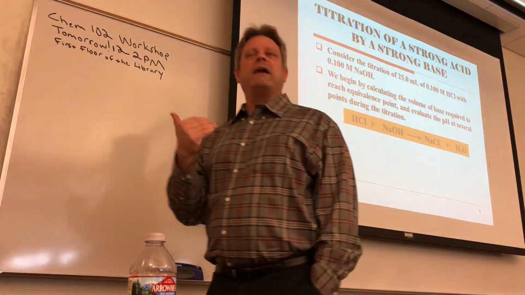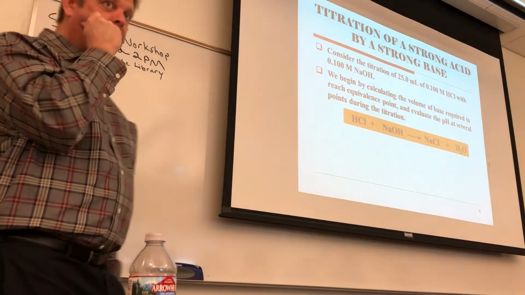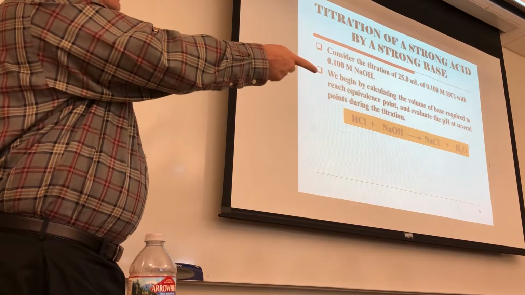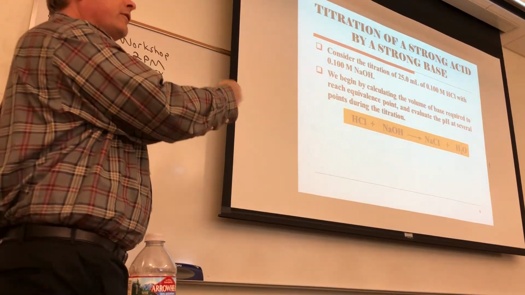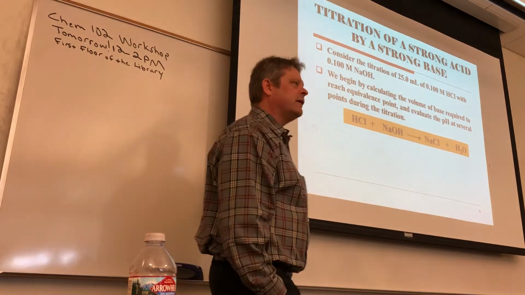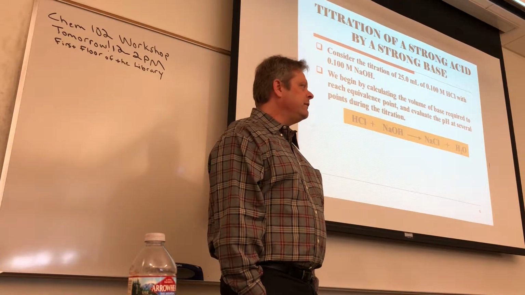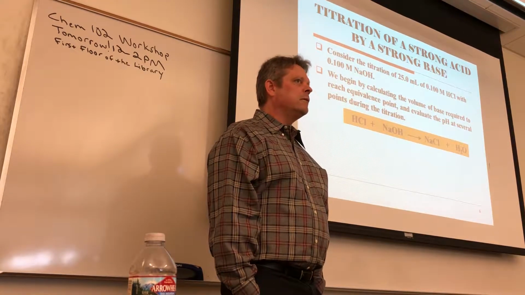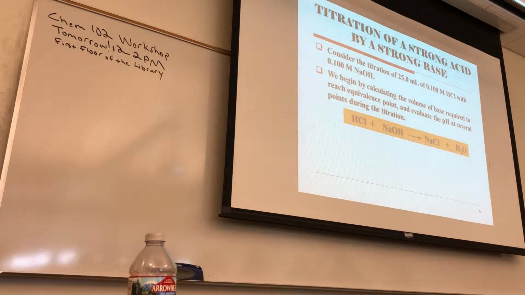When I find the pH for a strong acid, what do I do? Stoichiometry. Right, which is what we just did in the buffer thing when we added the hydroxide. Stoichiometry of the balanced chemical equation using the molar ratio, right? Okay. How did I find the pH for a buffer system?